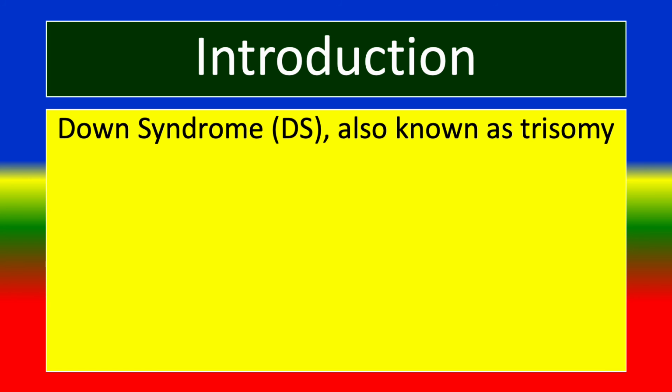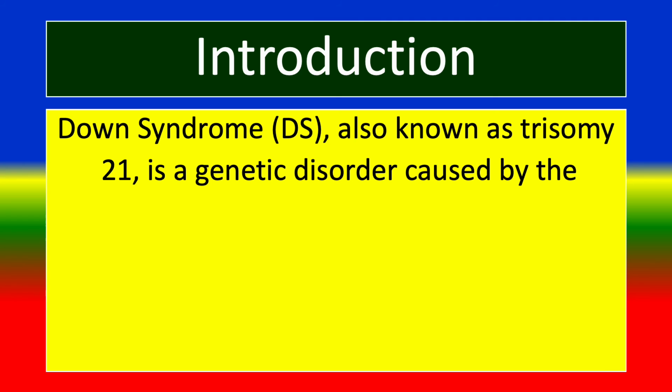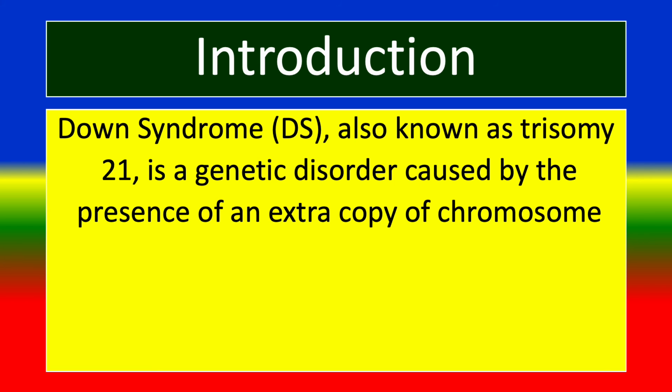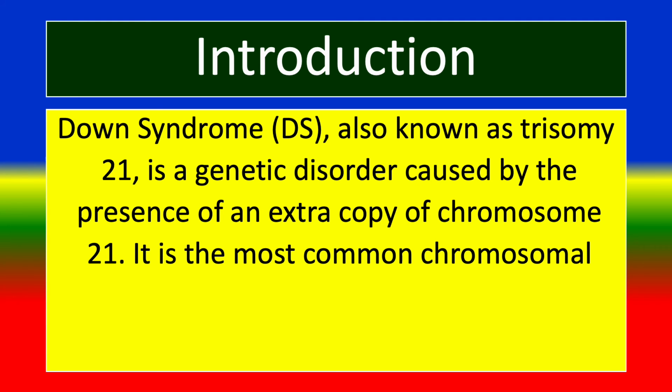Down syndrome, also known as trisomy 21, is a genetic disorder caused by the presence of an extra copy of chromosome 21.